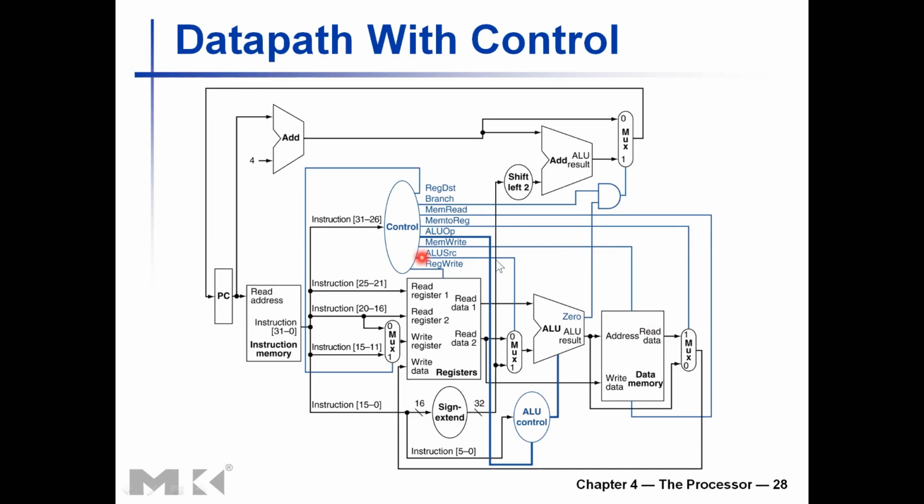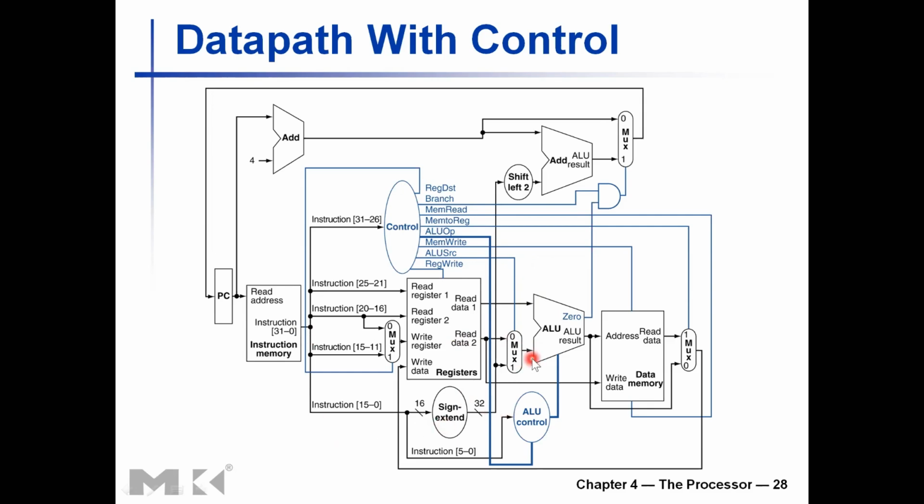Selecting whether the ALU second input is from the register or an immediate operand. Exactly. So the purpose of the ALU SRC or ALU source signal is to decide the second operand, or the second source, of the ALU. First operand is always coming from the register file. Second operand of the ALU might come from the register file or the instruction's immediate value.